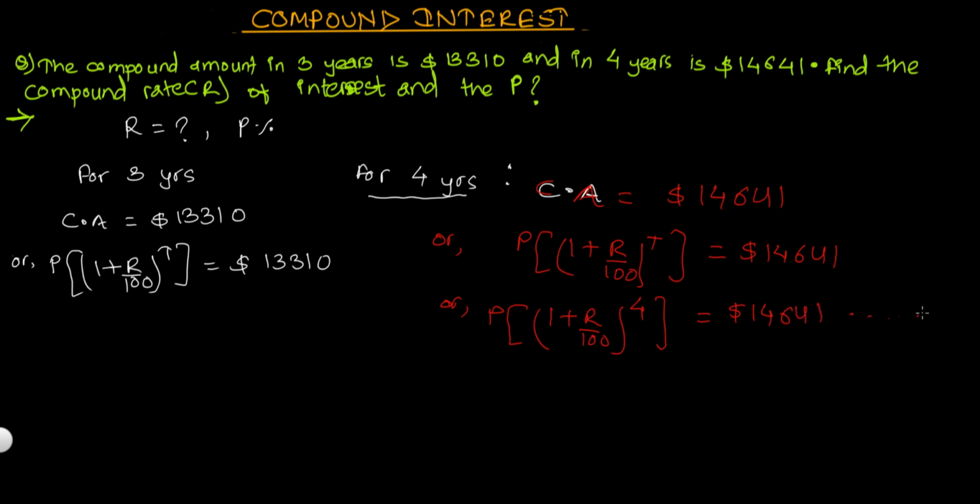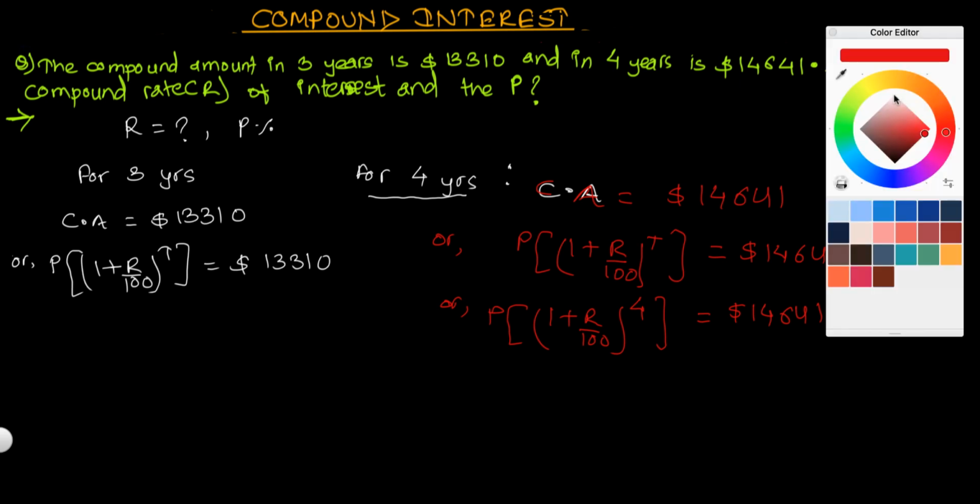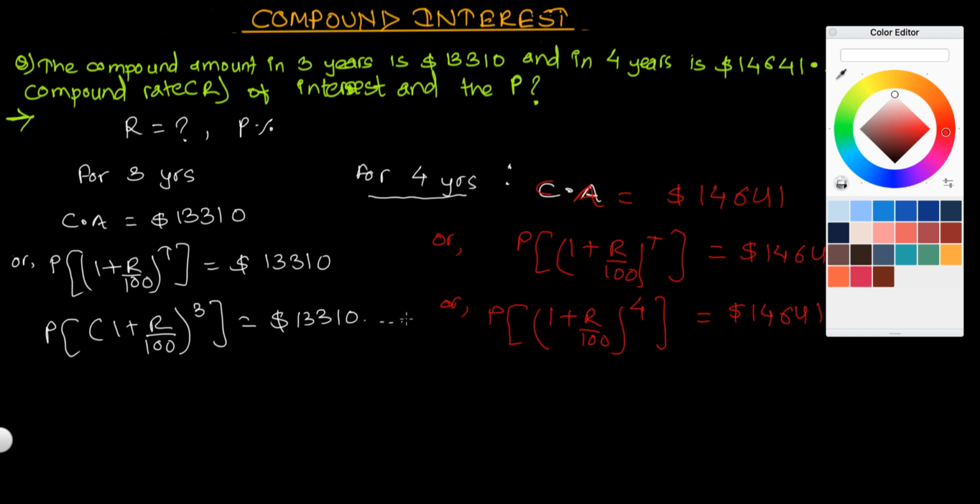This is our equation 2. From the first condition, replacing T with 3, we get P(1 plus R over 100) to the power 3 equals $13,310. Let us call this equation 1, because this is our first case for 3 years, and this is our second case which is for 4 years.